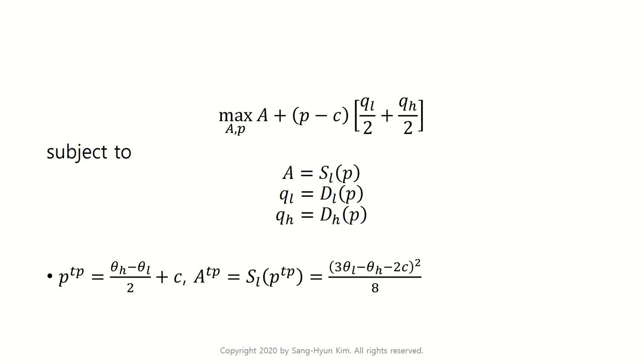As you can see, if theta L is not large enough, then 3 theta L minus theta H minus 2C will be negative. SL cannot be negative, but in that situation, the consumer will be better off by not buying this good. Okay, so that's the two-part tariff.